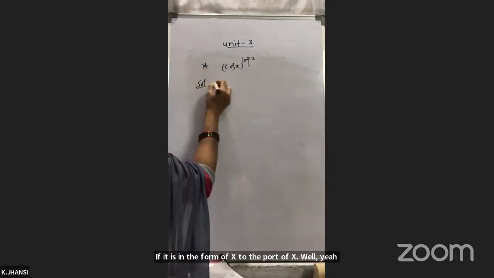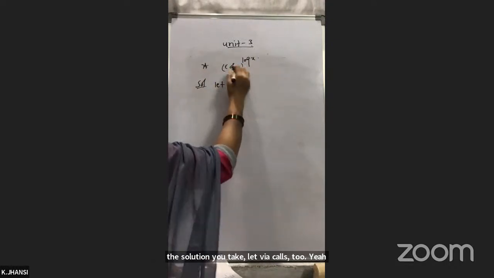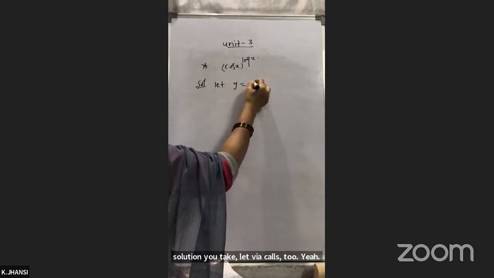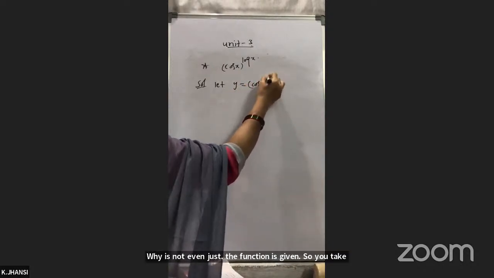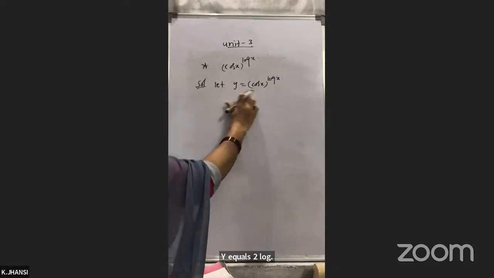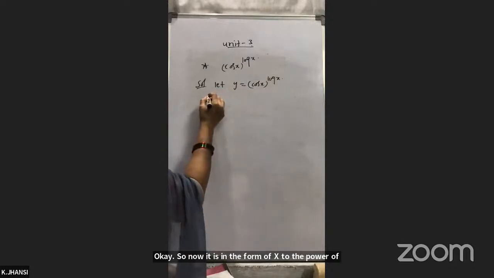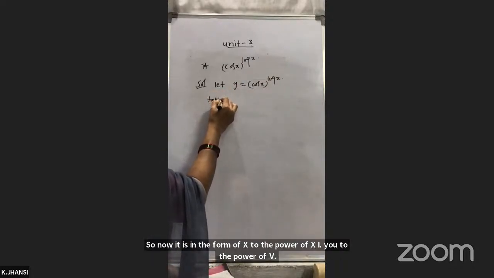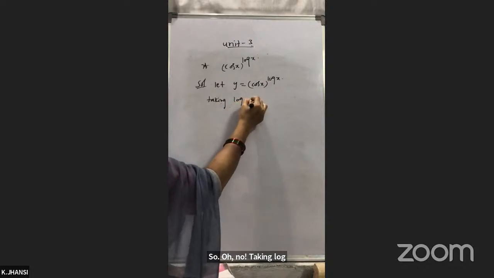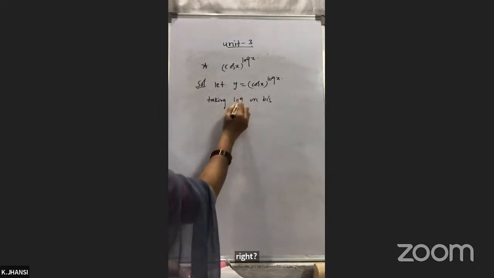So in the solution, let y equal cos x to the power of log x. Now it is in the form of u to the power of v. So now, taking log on both sides. In short form, we write: taking log on both sides.